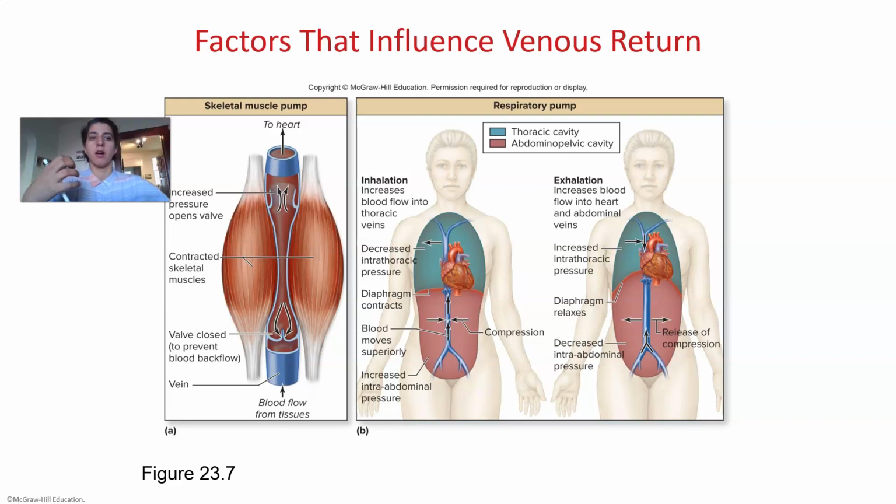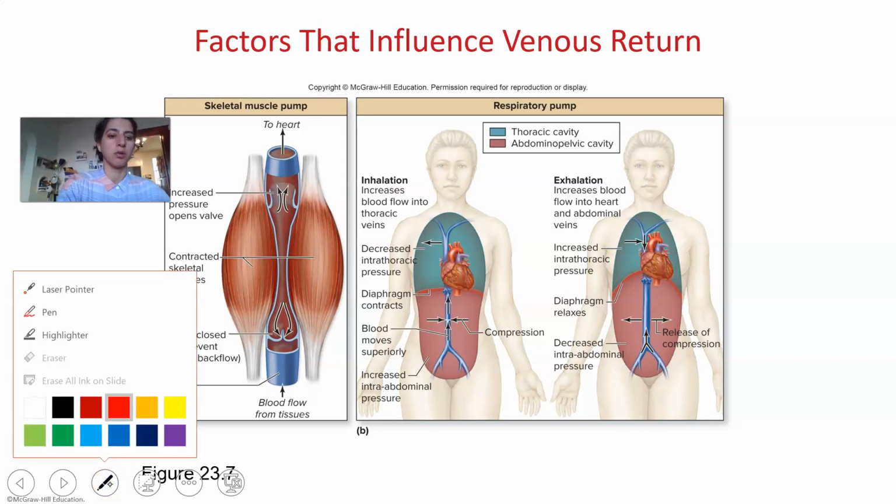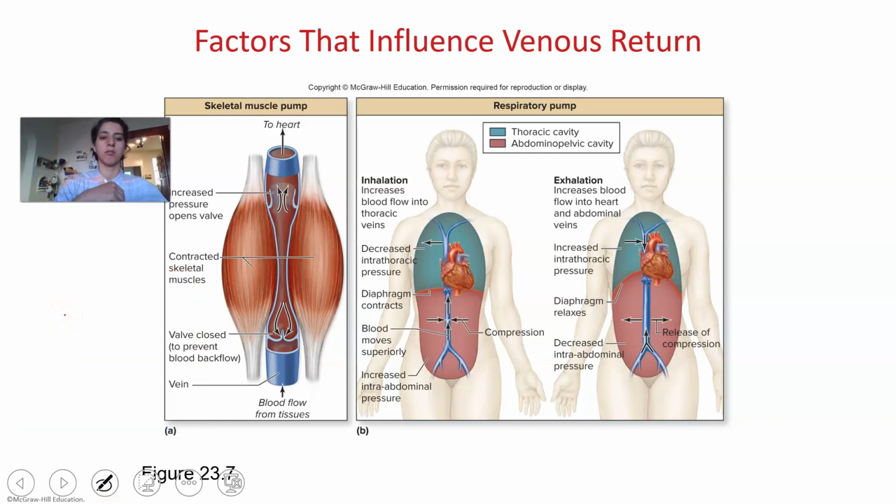And veins are the vessels that drain blood to the heart. Okay, so deoxygenated blood is moseying its way back to which chamber? Right atrium. Good.